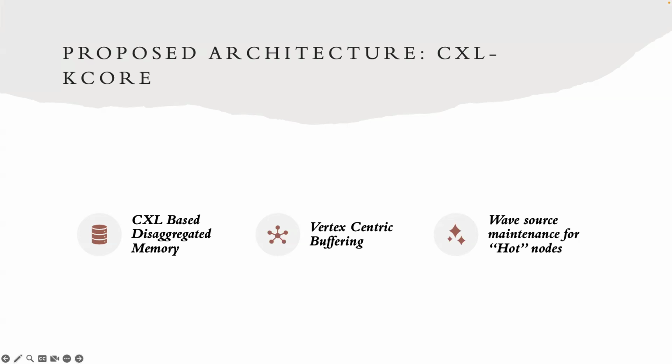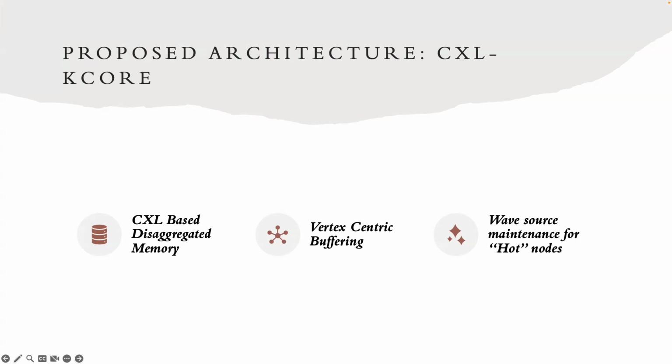And then we will try to implement the source node, the wave node algorithm that the IO based core maintenance did, just to see if we can shorten the execution time even more.